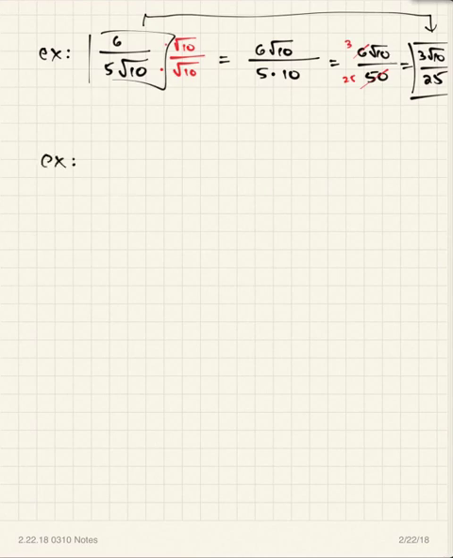All right, let's say we have something like this. We have the square root of 7 over the square root of 40.